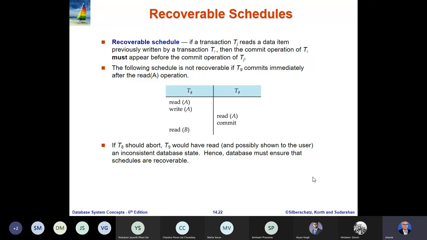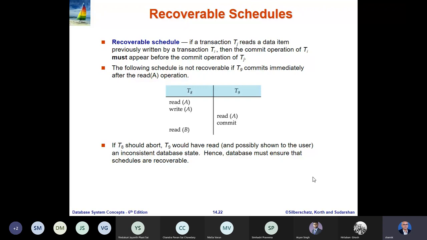Because what Ti changed, Tj read it, wrote something based on that, completed everything, went away. Now you say no, what Ti wrote was not correct, I cannot proceed, it has to be aborted. So it ends up in the schedule being non-recoverable. Okay. So you see that T8 reads A, writes A, T9 does a read A, now say T9 commits and then T8 does read B and then T8 tries to abort.